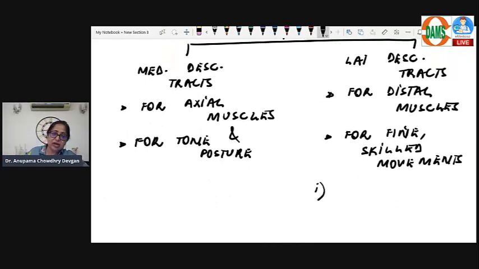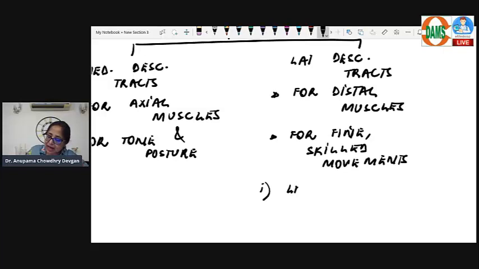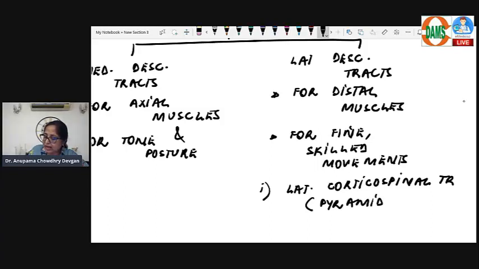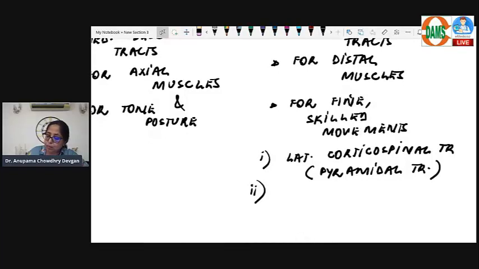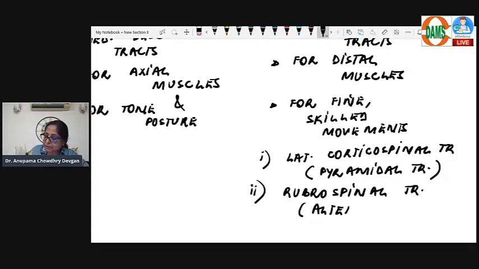Now the lateral descending tracts are of two types. There is the lateral corticospinal tract, which is also known as the pyramidal tract, and the second one is the rubrospinal tract, which is also known as the alternate pathway.